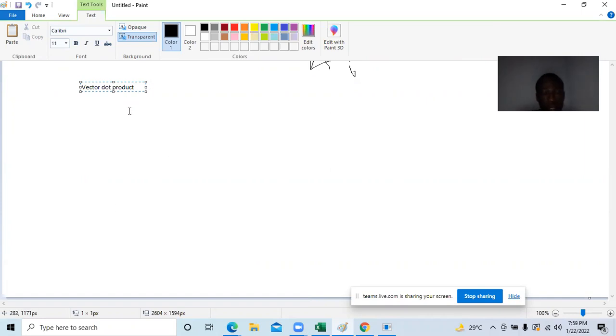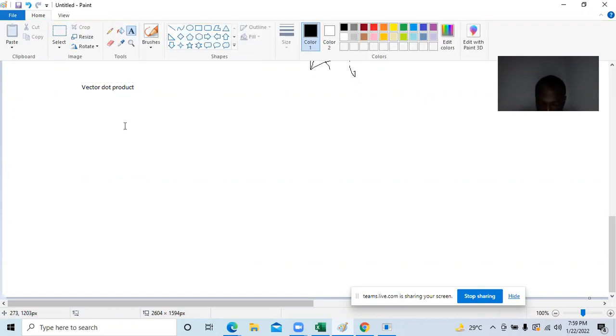So the next topic is vector dot product. It gets quite complex from here. Let's say we have 2 vectors. Vector A equals minus 4, 2, and 1.